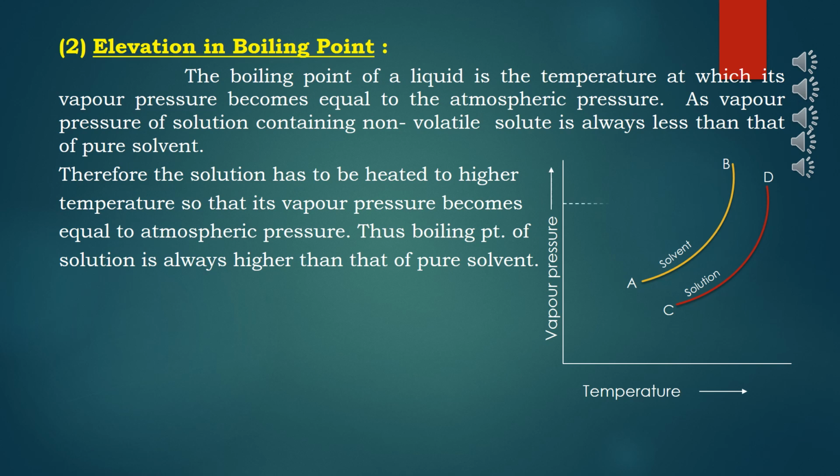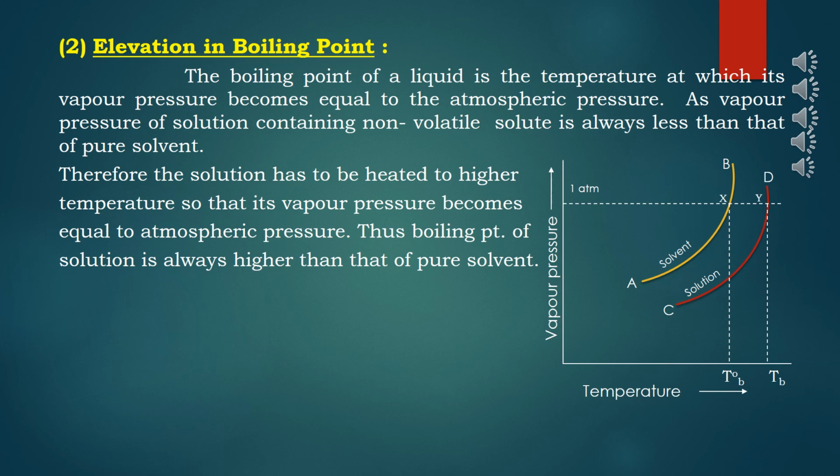Now draw an imaginary line representing the atmospheric pressure, which is 1 atmosphere. It cuts the two curves, the yellow and red curves, at points X and Y. Corresponding to point X, the temperature is the boiling point of solvent, Tb naught, and corresponding to point Y, which shows the boiling point of solution, it is Tb.